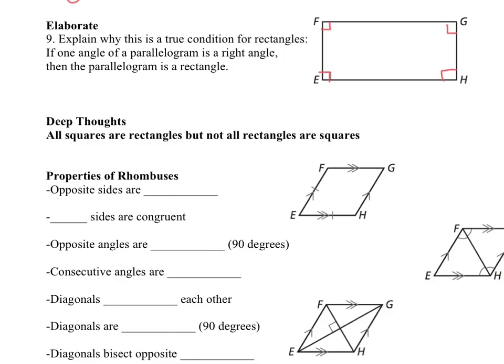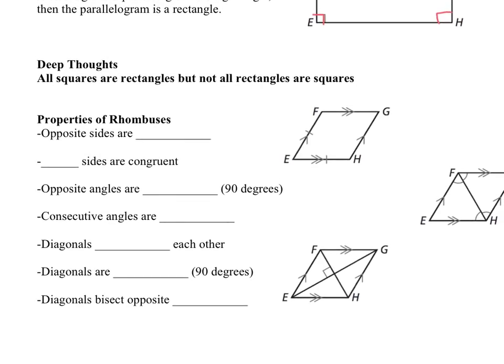All right, a rhombus. So in a rhombus, opposite sides are parallel. Now, slight difference, instead of opposite sides being congruent, all sides are congruent. And then opposite angles are congruent.